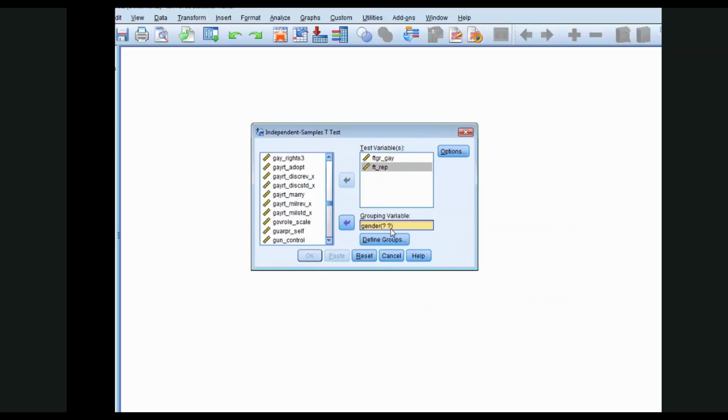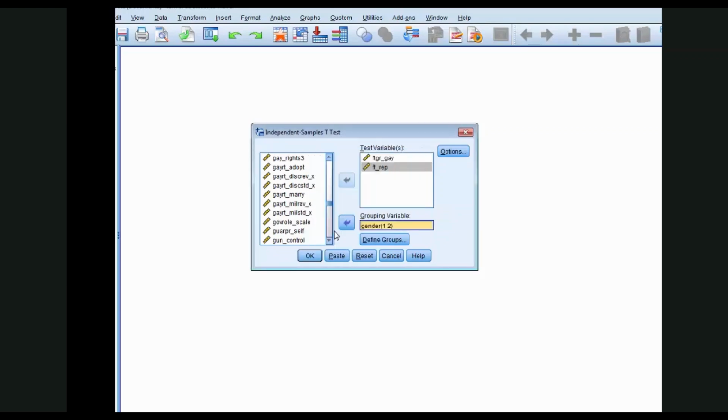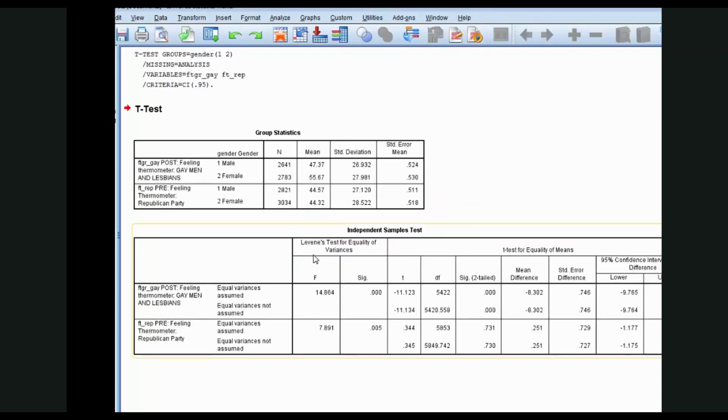SPSS responds gender question mark, meaning what groups do you want me to compare? What are the codes of the groups you want me to compare? So I must click define groups. Group 1 are going to be males and group 2 females. So I put code 1 in group 1 and code 2 in group 2. Click continue and click OK.